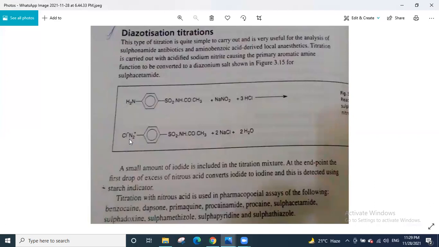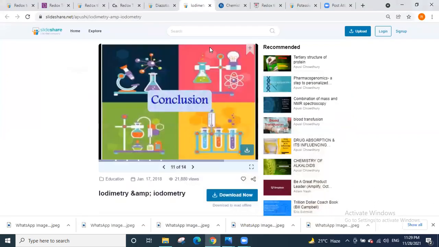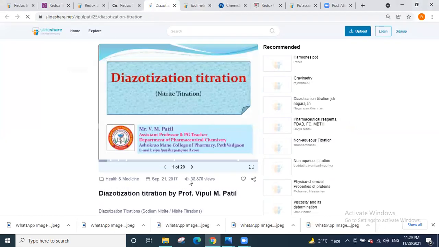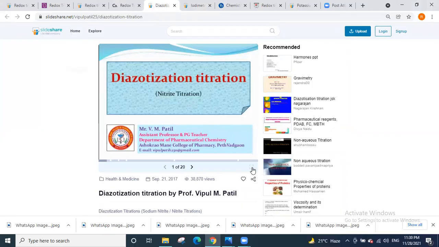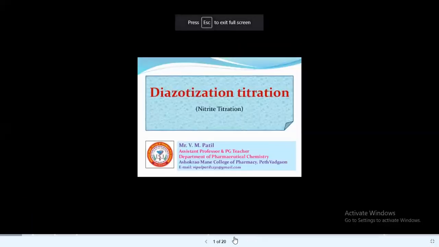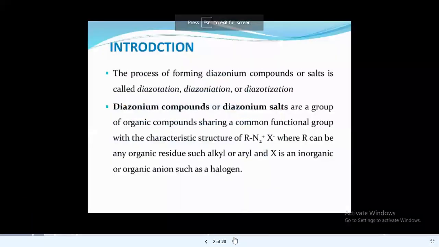And you know that this diazonium is formed with the help of nitrous acid. How is this nitrous acid produced with the help of HCl, we have discussed here. How is this diazonium formed? A diazonium compound or diazonium salt is a group of organic compounds sharing a common functional group with the characteristic structure of RN2+, either a double bond or a triple bond.